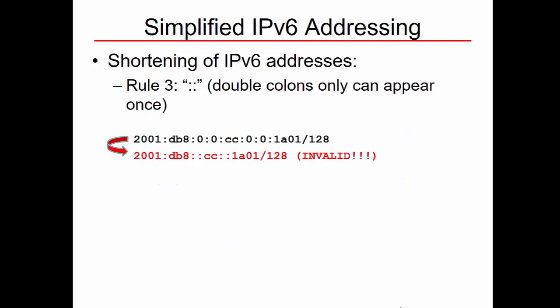Rule number 3: in one IPv6 address, we can only find one double colon, as we have shown in the previous slide for example 4. Here, we have two sets of consecutive zeros.